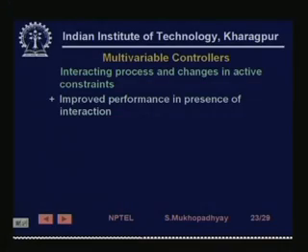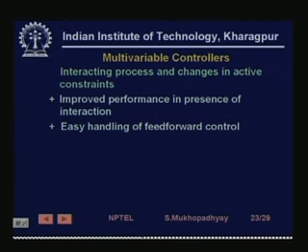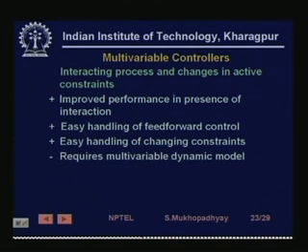They are all built into the method and handled very efficiently. So, you have significantly improved performance in the presence of interaction. You have easy handling of feed forward control; again, feed forward tends to make the system multivariable. You have easy handling of changing constraints, and it requires a multivariable dynamic model.